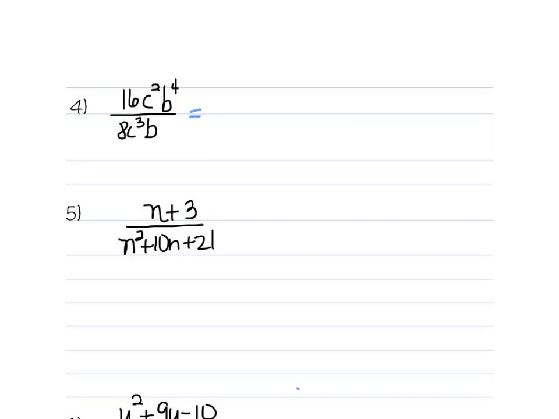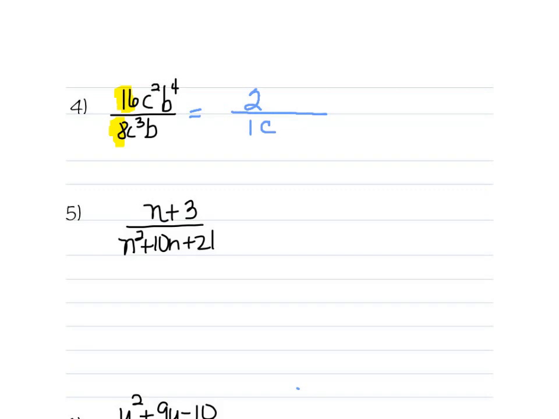Okay, I guess the first thing I would do is look at the numerical coefficients, 16 and 8. I can reduce those to 2 over 1. c squared, it's 2 c's on the numerator, 3 c's in the denominator, so when I reduce by c squared, I'm left with 1 c in the denominator.